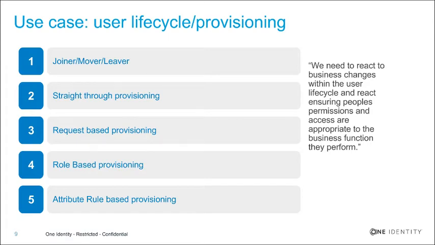Those tend to be the most popular that we have seen and worked with a lot of customers. I'll go into more detail on each of these use cases, how they are utilized by customers, and how they initiate those via an identity management system.